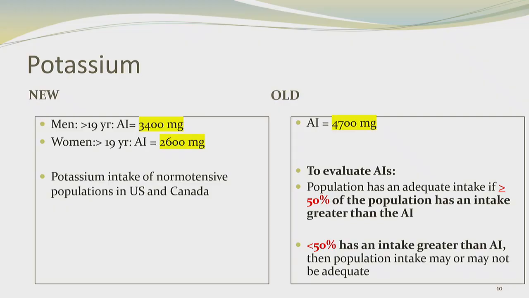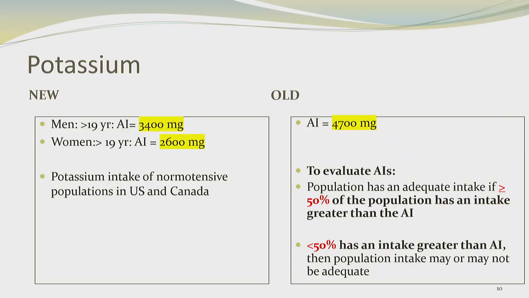And population intakes of a nutrient that has an AI are evaluated as follows. So we've talked about how to interpret AIs in the past, and so this is just highlighting how to evaluate AI intake in a population. Okay. So we do say that a population has an adequate intake if greater or equal to 50% of the population has an intake greater than the AI. Okay.